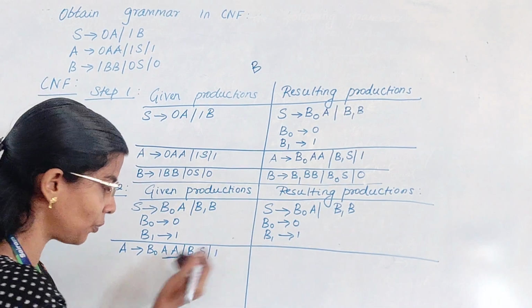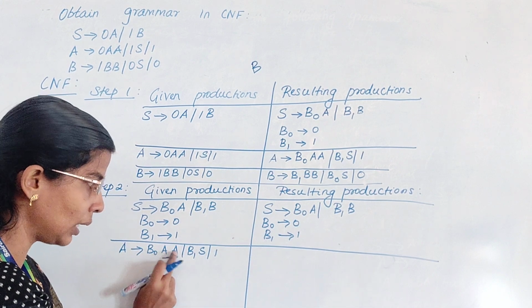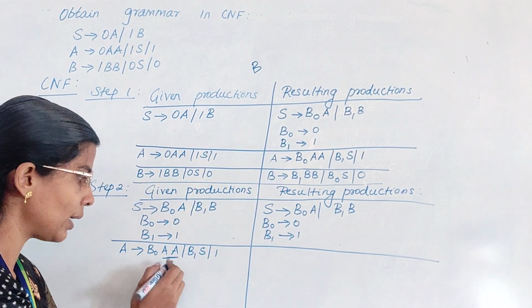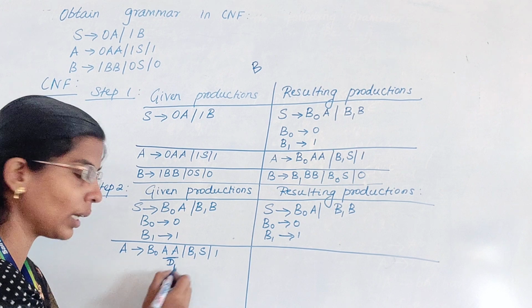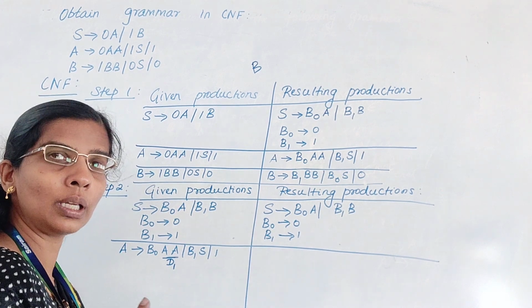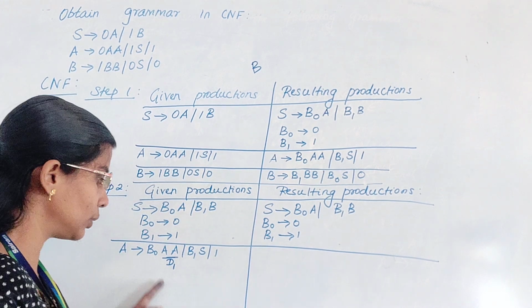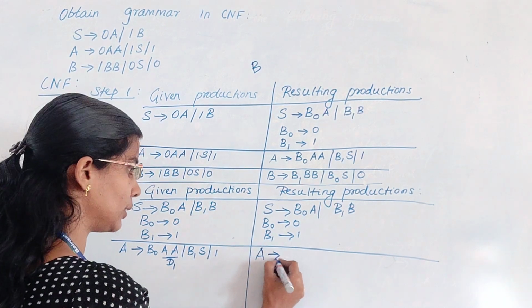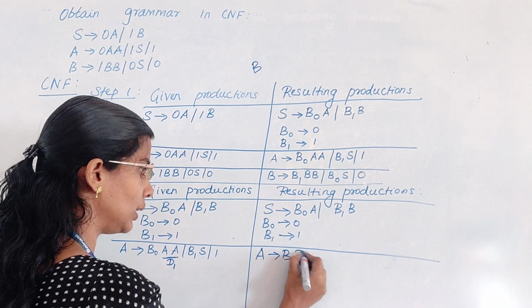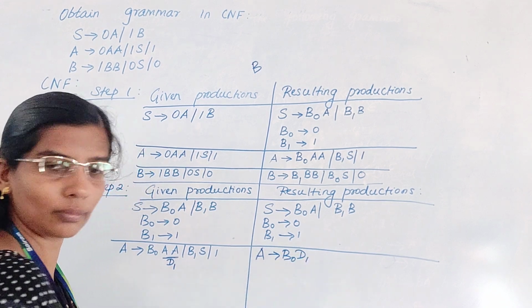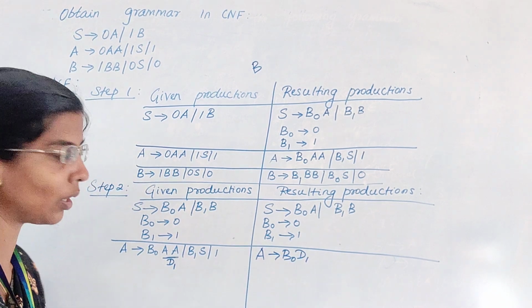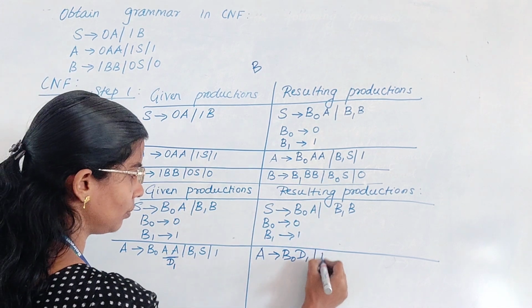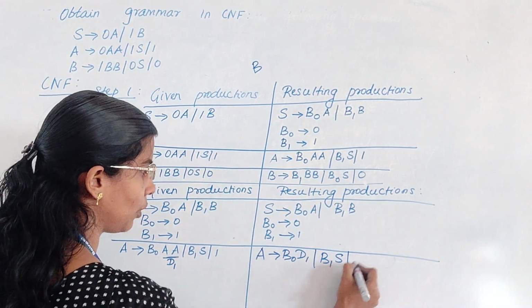So I group from right, I try to group this capital A A and I give a name like D1. As I said in step 2, I will be using the variable D. So D1. So what should I write? A tends to B naught D1, B1, yes, it is in the correct form, or 1.